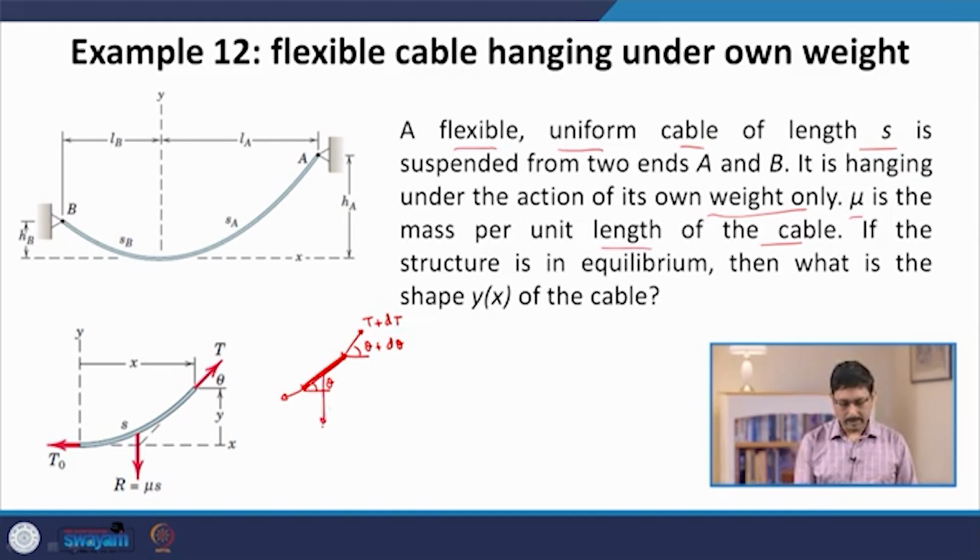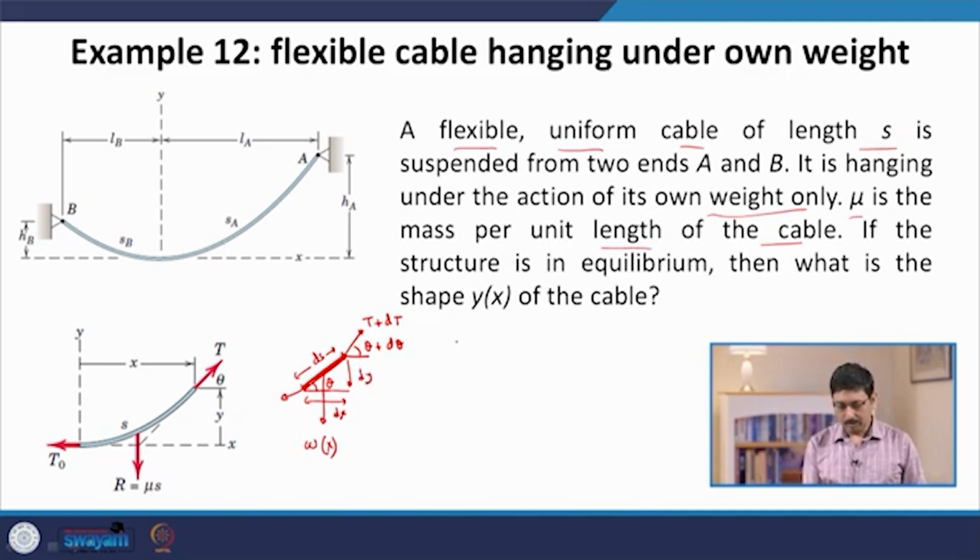And now, we have some vertical force which is the weight. Let us call that W, and this is the horizontal. This is the length of the rope, let us call that ds, and ds has two components, dx and dy.